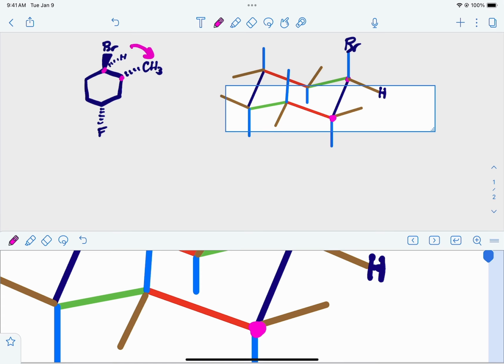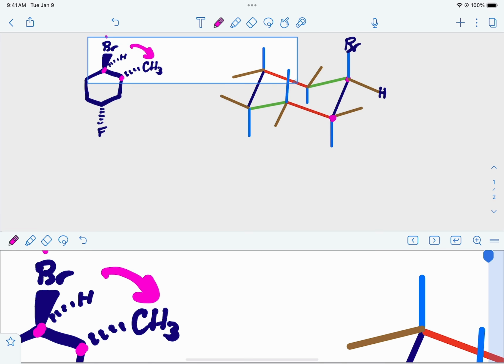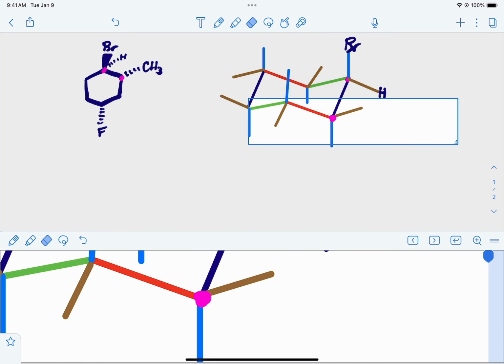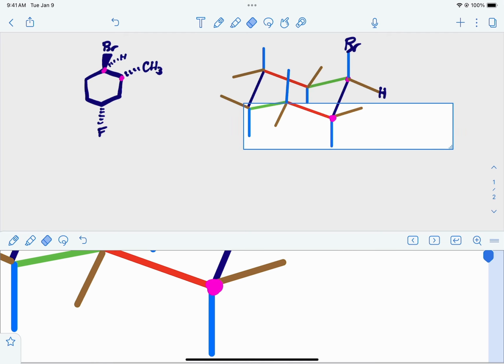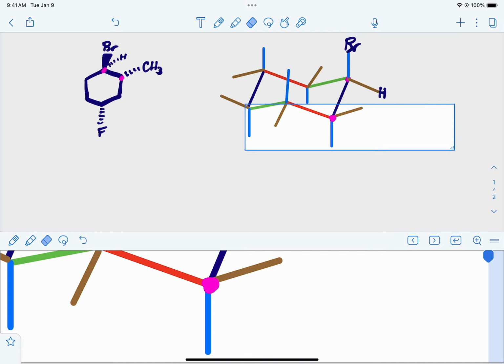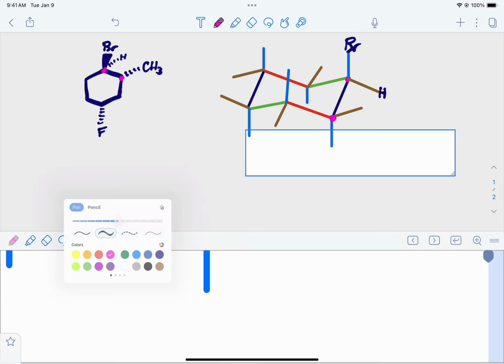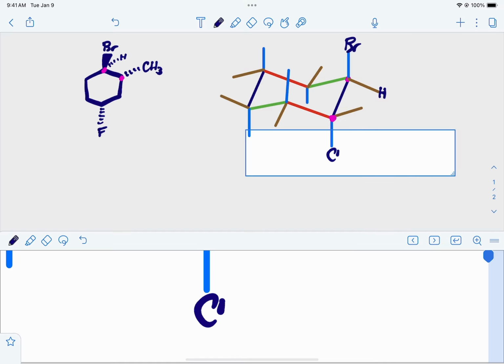So now we can ask, all right, is the methyl group going up or down? Well, clearly it's going down. It's a dashed line. So on our carbon here, it needs to be going down. So which of these bonds is pointing down? Well, hopefully you can see it's the axial group. Okay. So our methyl is going to be axial.